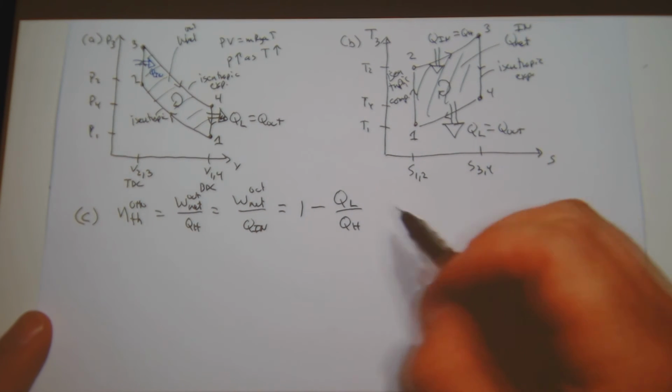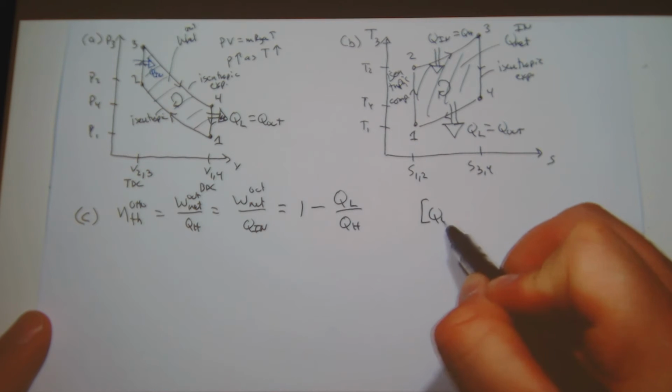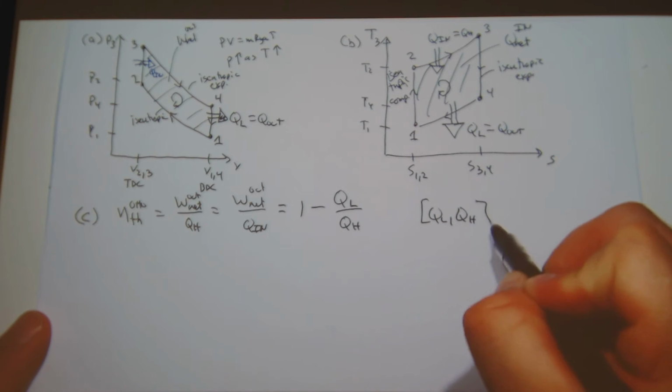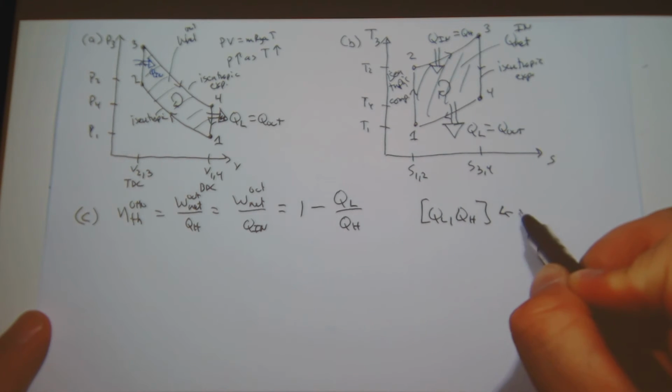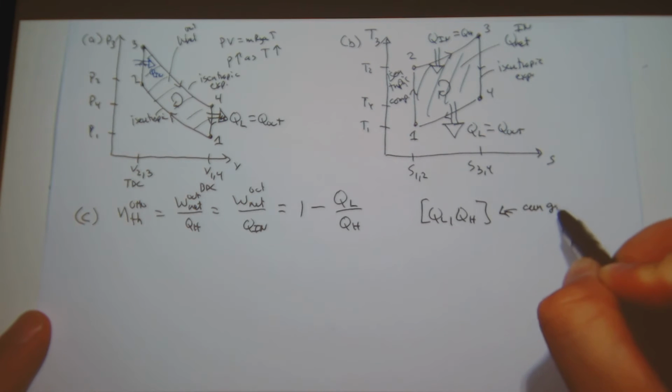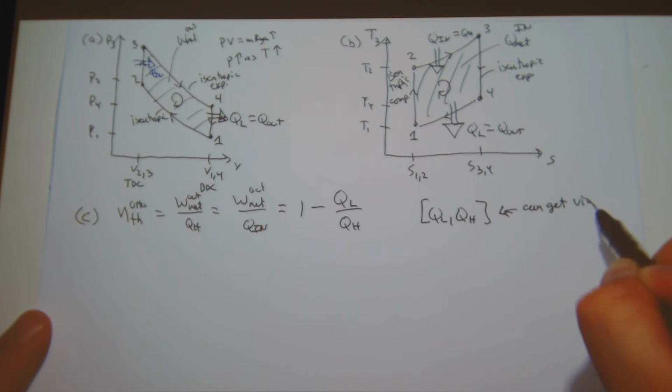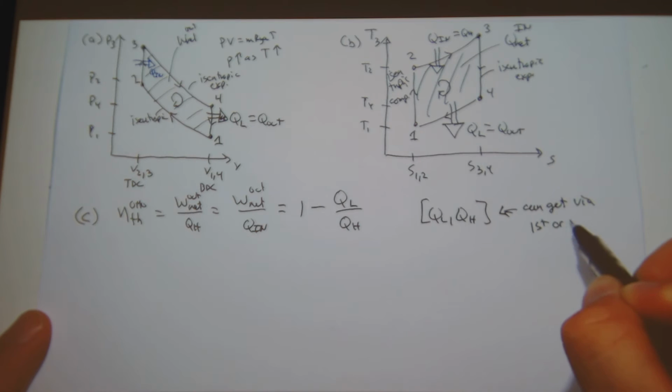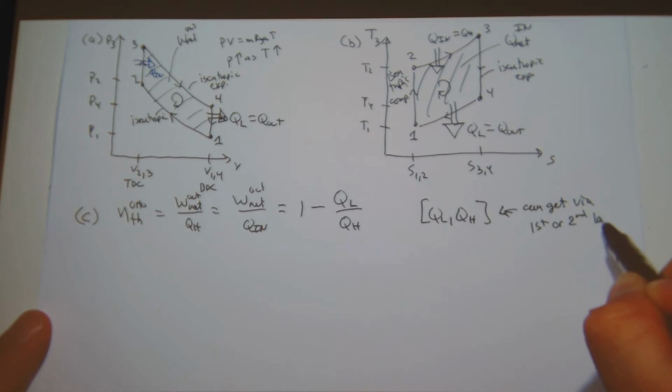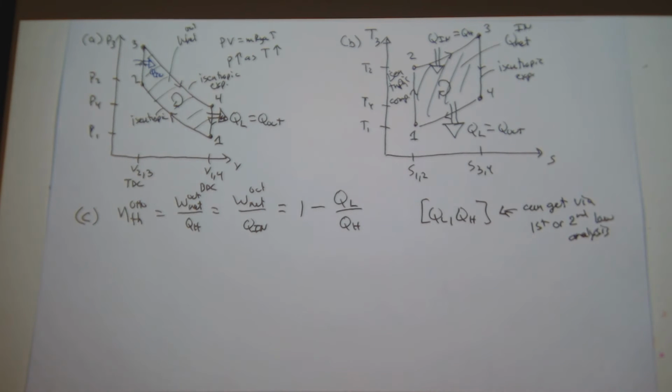And the same as before, QL and QH can get via first or second law analysis.